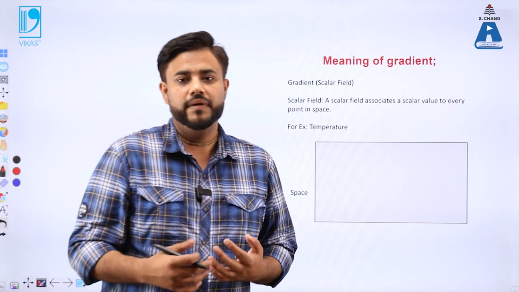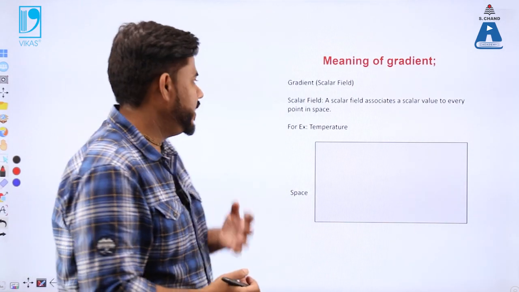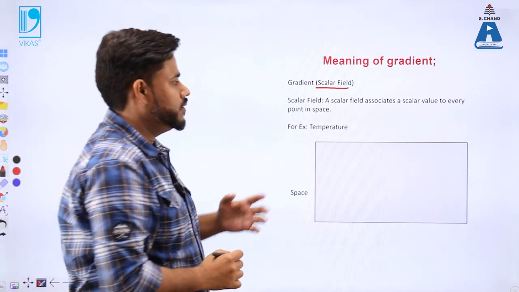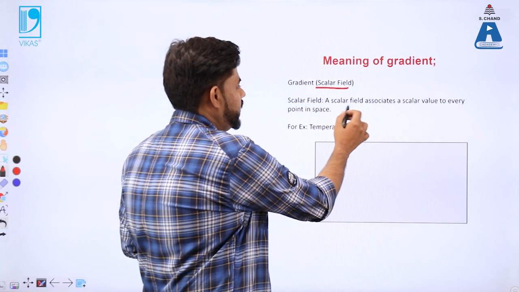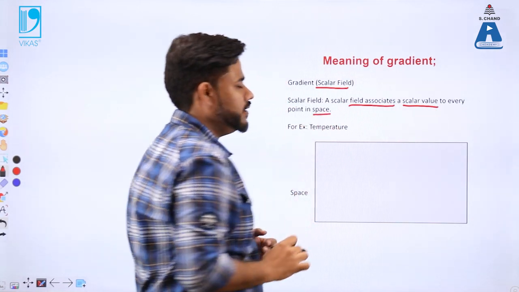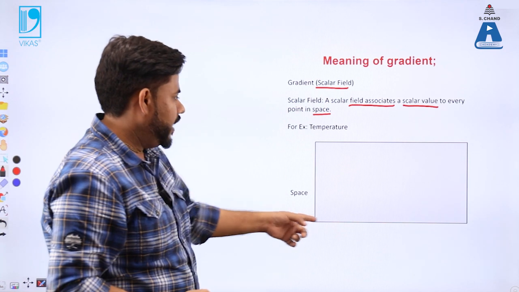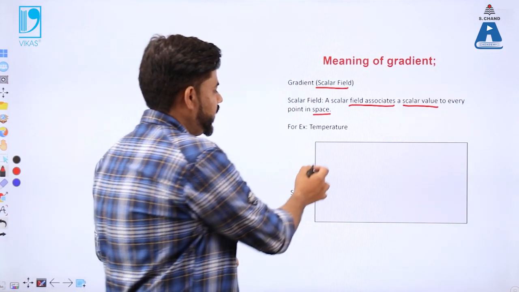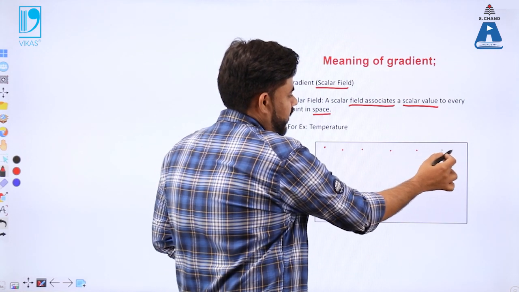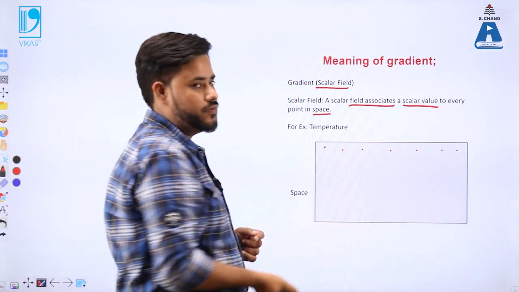If I talk about the meaning of gradient, gradient is basically related to a scalar field. Now what is a scalar field? A scalar field associates a scalar value to every point in space. Let's say I have a particular space, and if I measure the temperature at different locations, I will get different values of temperature.